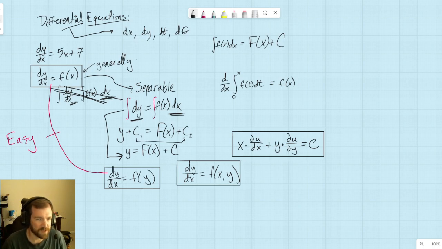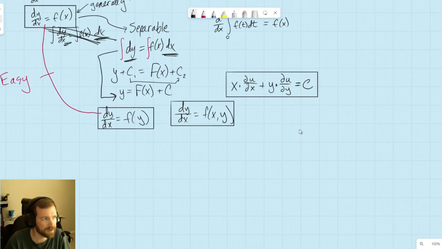And so there's really cool stuff that gets into all this. So for differential equations, the most useful methods end up being, okay, well, see if you can make it separable and then solve it.